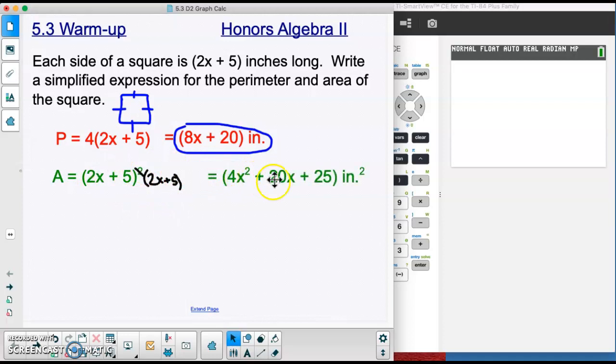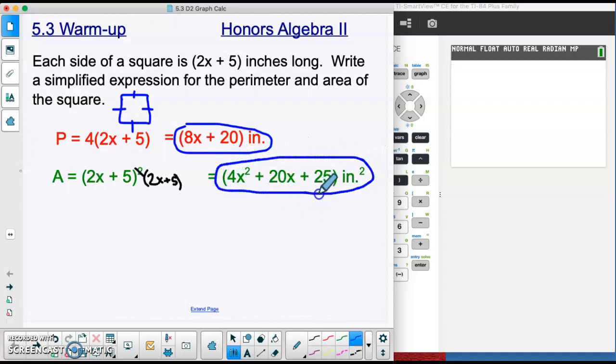I end up with 4x squared plus 20x plus 25. In parentheses, that's a trinomial, 1, 2, 3 terms, and area is in inches squared. So then that would be my answer for the area expression. In red, I have the perimeter expression. So just reminding you of adding and multiplying polynomials like we did last year.